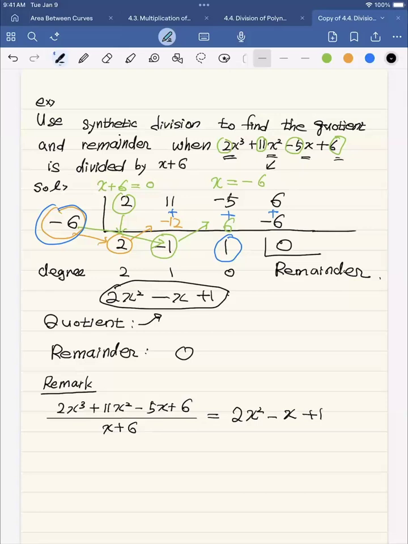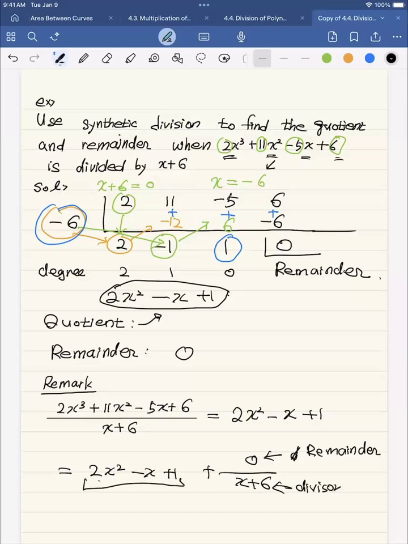But if we want to clarify the quotient and remainder, then we can rewrite that as 2x squared minus x plus 1 plus 0 over x plus 6. Because this is the remainder, and this is the divisor, and this is the quotient.